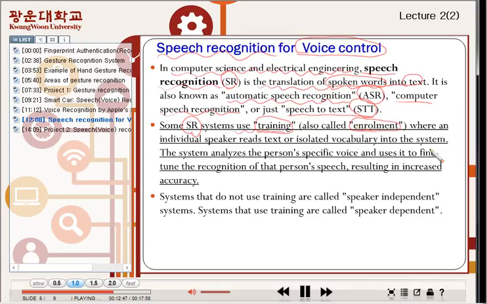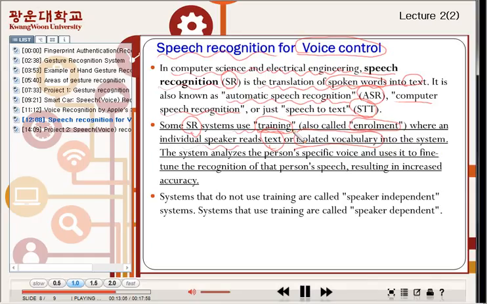Here, an individual speaker reads text or isolated vocabulary into the system. For example, terima kasih, terima kasih, terima kasih.